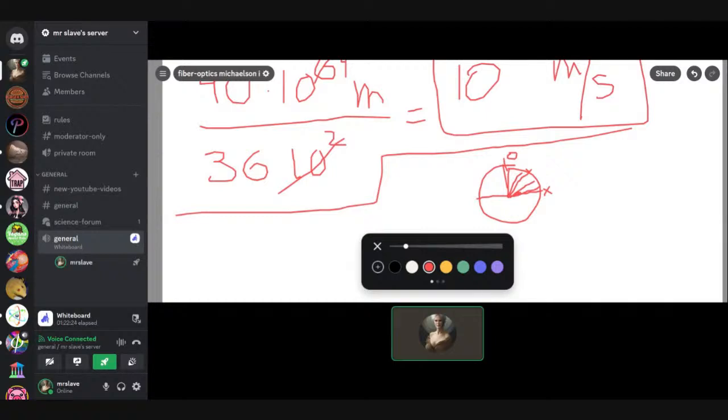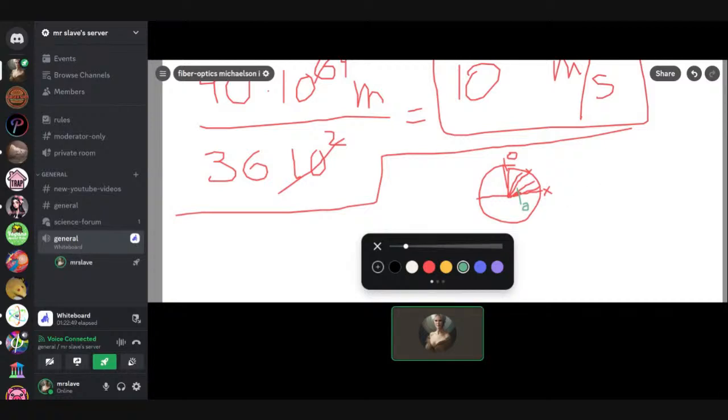How does the speed drop off? Is it a linear drop off? It might be a linear drop off as the angle theta. So this is the angle theta. Whatever that is, that's the angle.